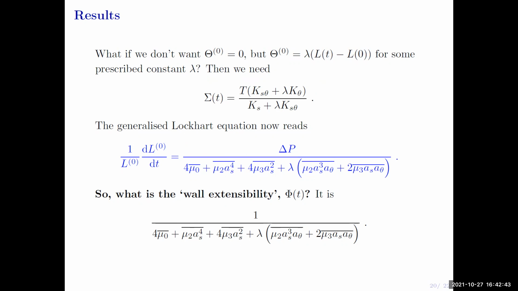Not a helix that has a bigger step size near the bottom and a smaller step size near the top, but a constant step size everywhere, which you capture in some prescribed constant lambda. You can do that; that's the fine tuning of sigma that's needed. Then, if you go through all the algebra again, what you discover is that the generalized lockout equation now reads that. So it's still this excess pressure, and now the wall extensibility involves this lambda parameter as well.